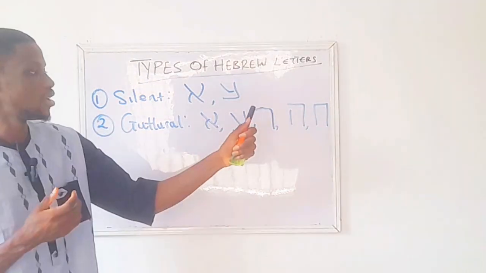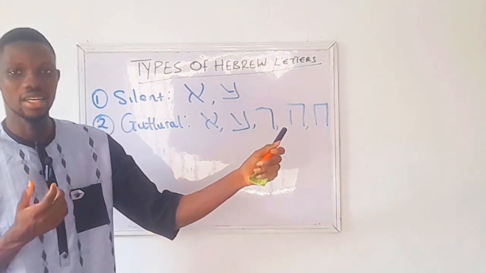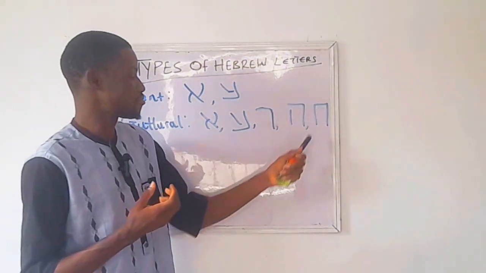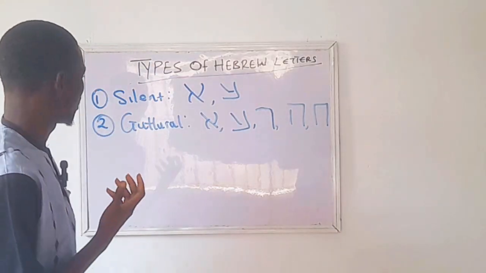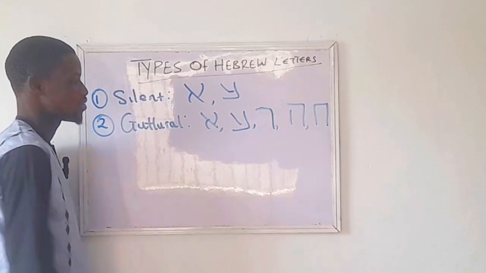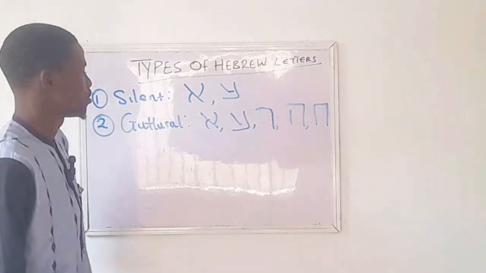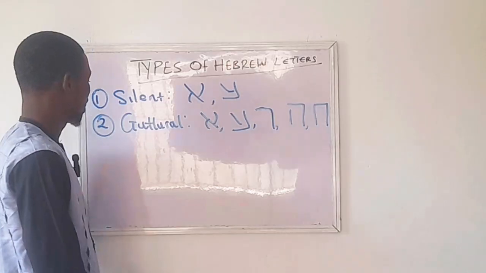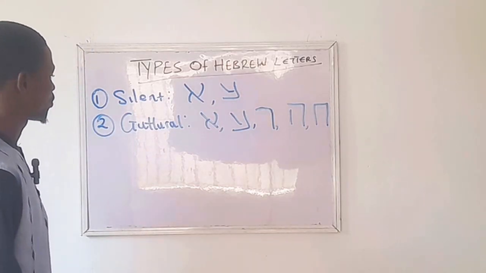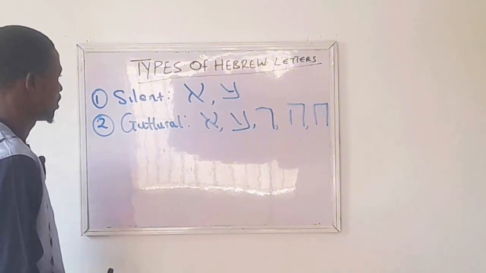Like if you want to say the word darkness, Choshek. Right. So Choshek. So it's like that. And then, of course, we have seen Hey when we're looking at the name of God, right? So these are the guttural letters. They are pronounced from the throat.